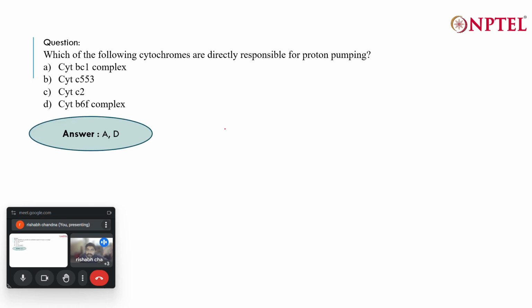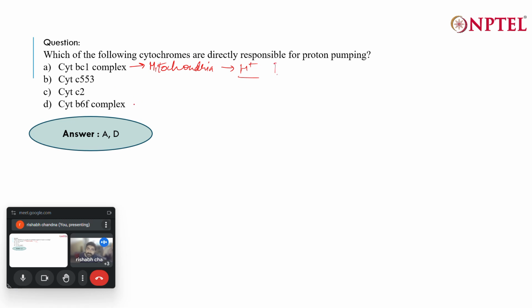Okay, so the cytochrome bc1 complex is present in mitochondria, and it helps in transferring the hydrogen ions from the matrix to the intermembrane space.